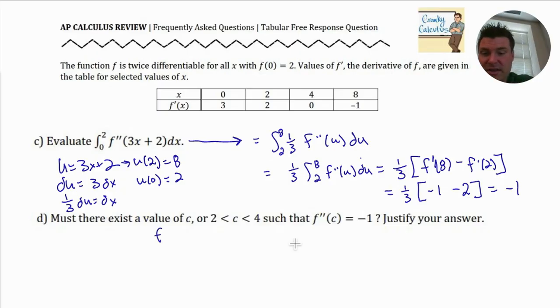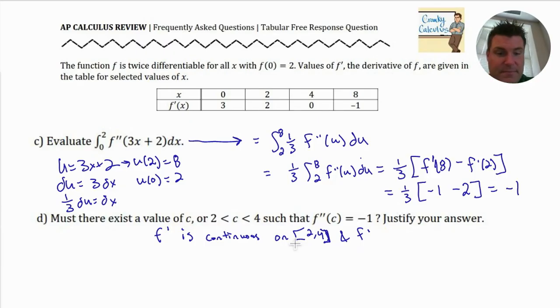So I will say that f prime is continuous on the closed interval 2 to 4. I said closed and I wrote open. And f double prime, let's go with f prime. Overthinking it here.